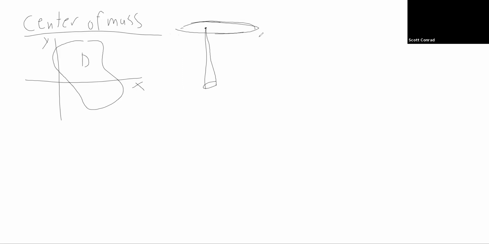The plate is perfectly balanced if you put it directly on top of something directly above the center of mass here. So our center of mass is going to be, we'll call it X sub CM, Y sub CM.